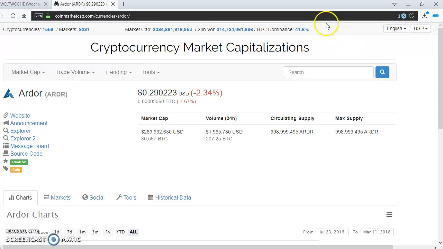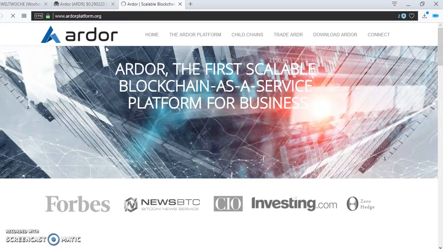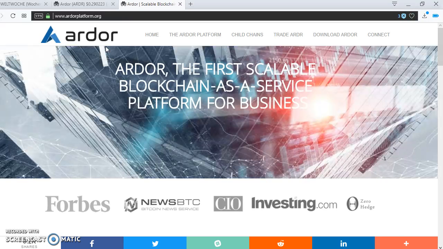So what ARDOR is seeking to do is to say, okay, why don't we create something that we call a parent-child relationship. ARDOR has a technological design called the parent-child architectural design. What that means is that we could create parent chains, then we could create child chains.